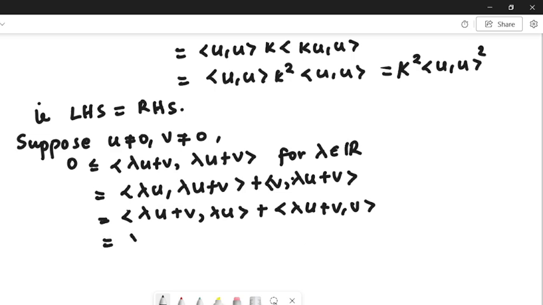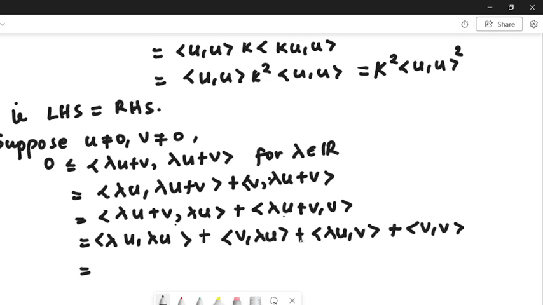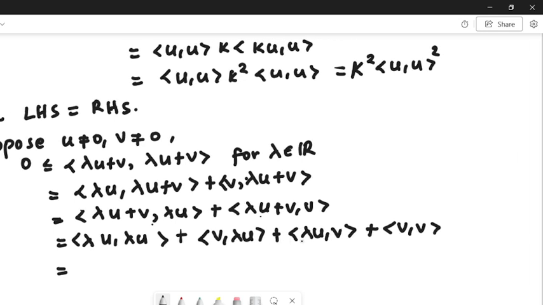So we have the inner product of lambda u with lambda u, then v with lambda u, plus lambda u with v, and v with v.